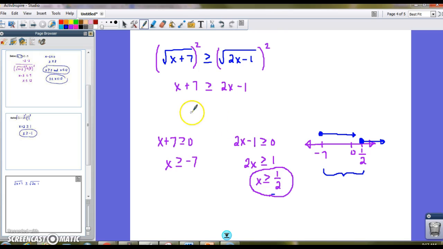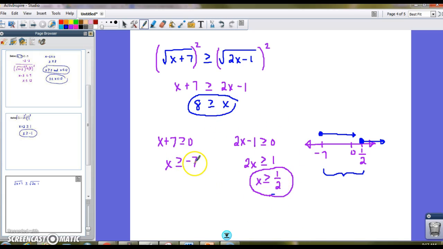And I said I wasn't going to finish this, but I'll walk you through the rest of it. If I solve this, I end up with x is less than or equal to 8. So I have x is less than or equal to 8, and here I have x is greater than or equal to 1/2. And those are the two parts of my solution.